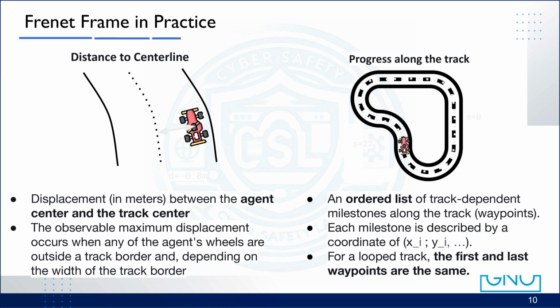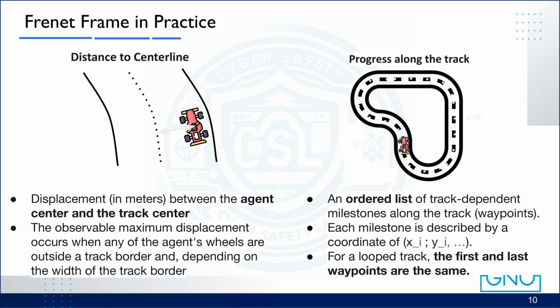On the right side, we see the progress along the track, which is represented as an ordered list of waypoints. Each waypoint stores its own x, y coordinates in the global frame. By connecting these waypoints in order, we can reconstruct the entire trajectory of the track.